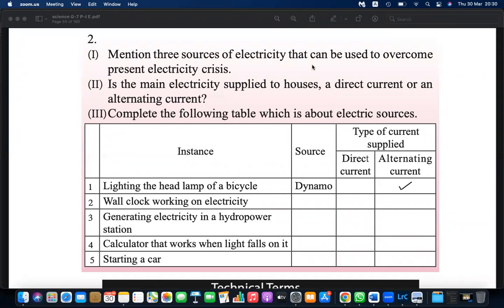Mention 3 sources of electricity that can be used to overcome the present electricity crisis. Presently there is a big issue of generating electricity and also keeping electricity. We have most of our resources, like hydropower, and we use wind rarely, and a small amount of tidal waves, but it is not much.